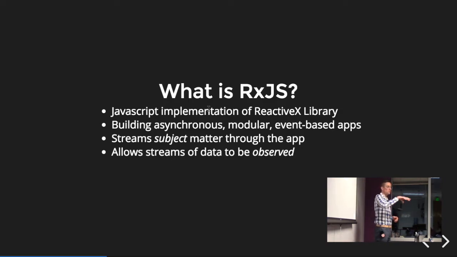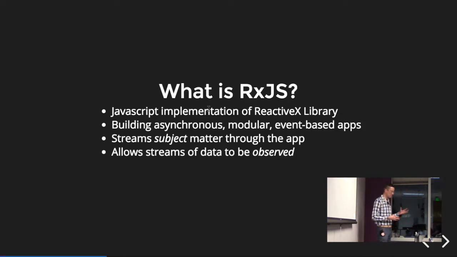All of the code in RxJS is broken up into modules that you can import using ES6 style imports. And it's event-based, right? So we can deal with events in our application, whether that's a form that's changing values, or maybe a user clicking on a button or whatever it is.